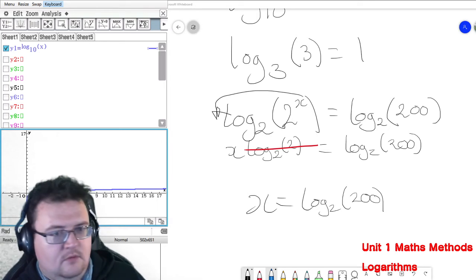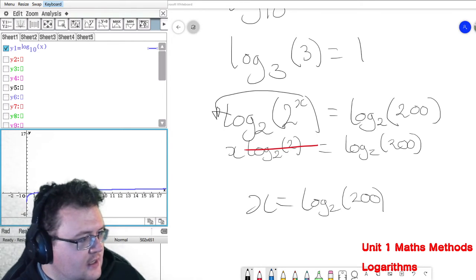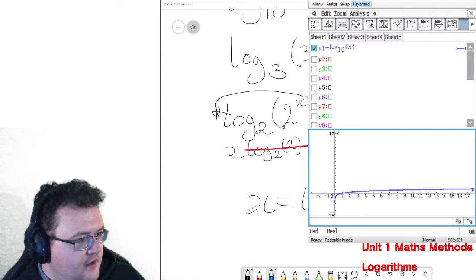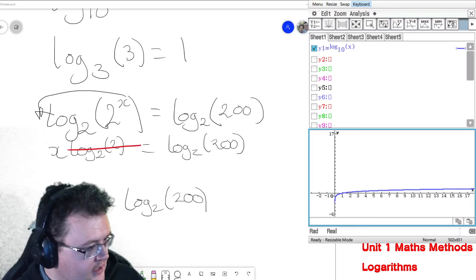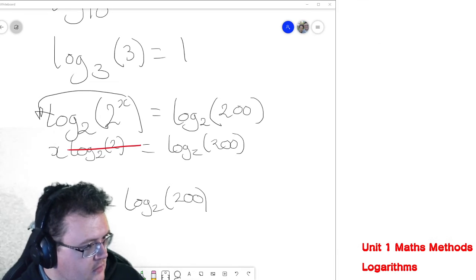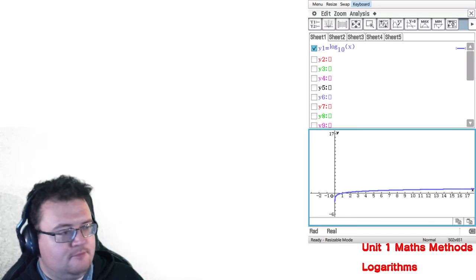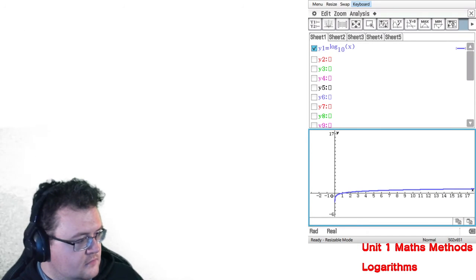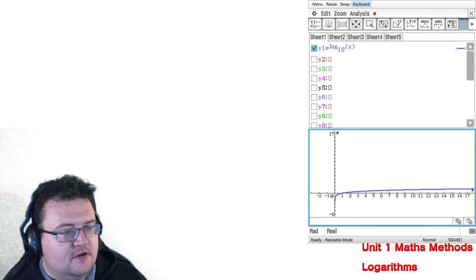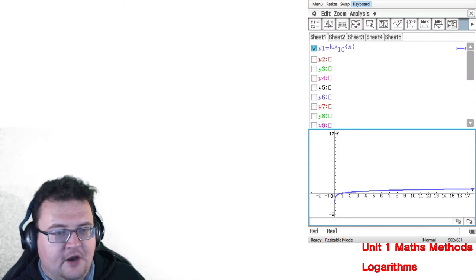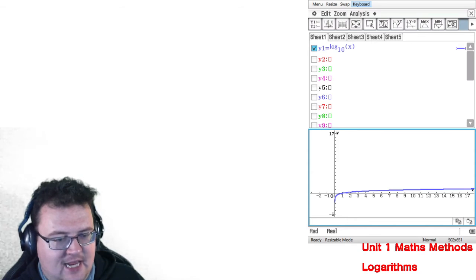All right, so what I've got there is my CAS, and I've drawn the graph of log 10 of x.